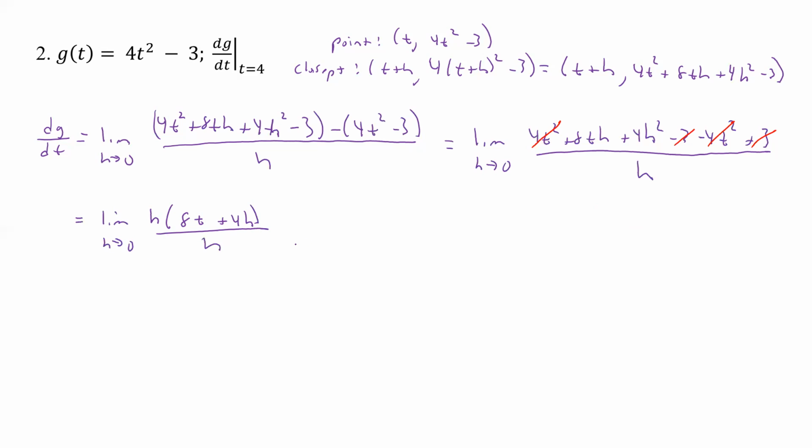Those go away, and so we get the limit as h goes to 0 of 8t plus 4h. Now we plug in h is 0. That gives us 0 here, and this is just going to give us 8t, and so we get 8t is going to be our value. And so that's going to be dg over dt. Okay, so that is part A.